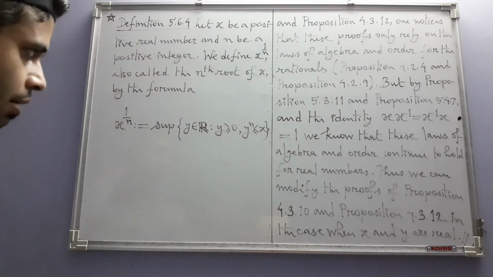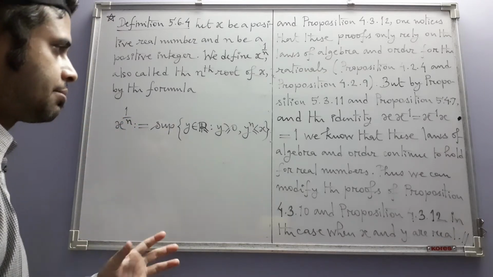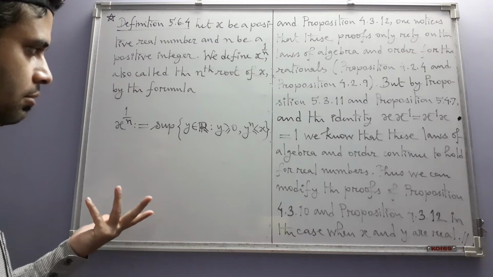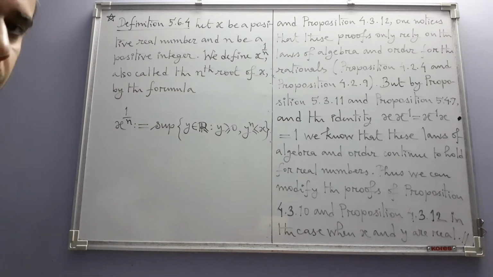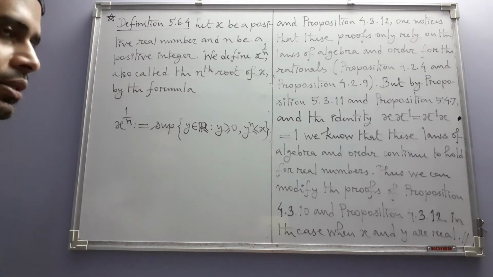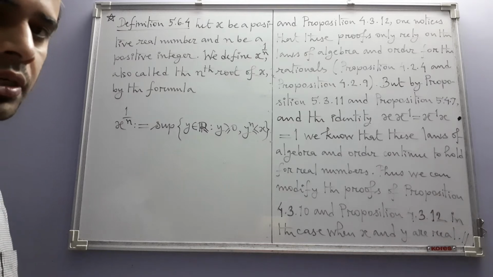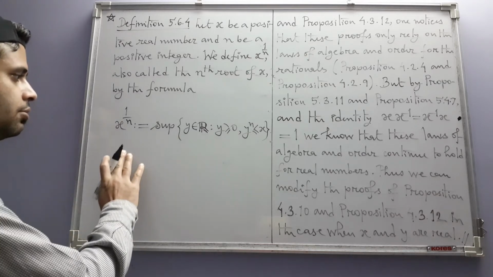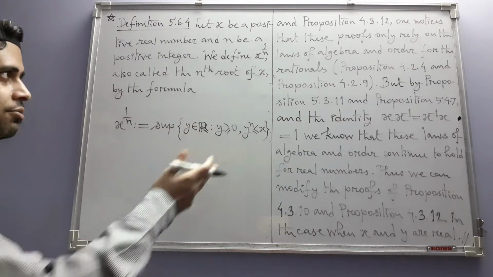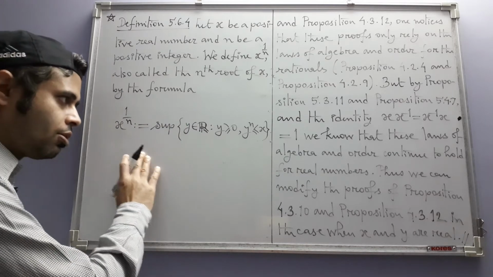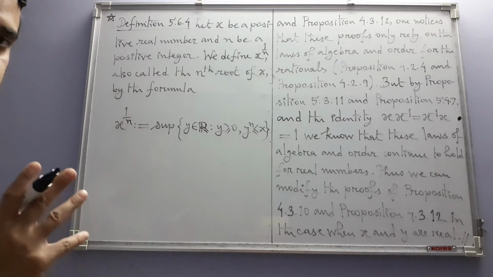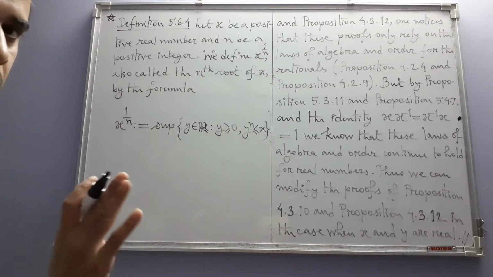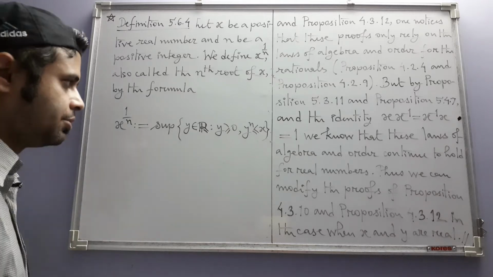We know from our definition of supremum of a subset of real numbers that any subset of real numbers has a supremum. It's a different matter that sometimes it becomes minus infinity, sometimes it becomes plus infinity. We will now show that for our choice of x and n, this is always going to be a real number. Okay, it will not be minus infinity or plus infinity.